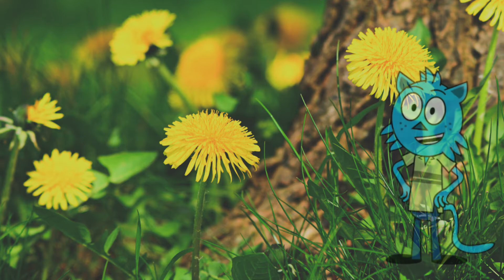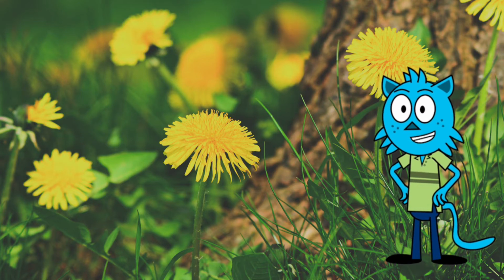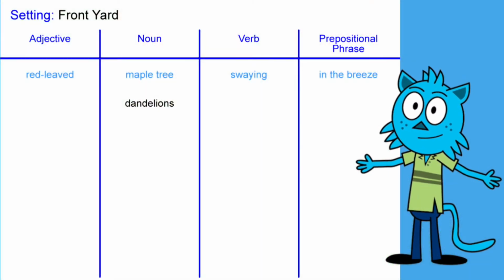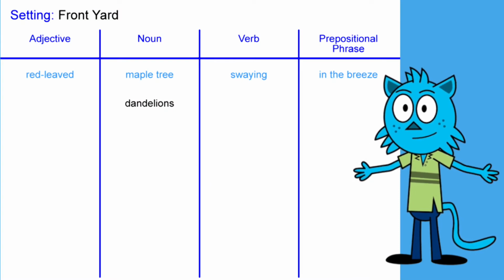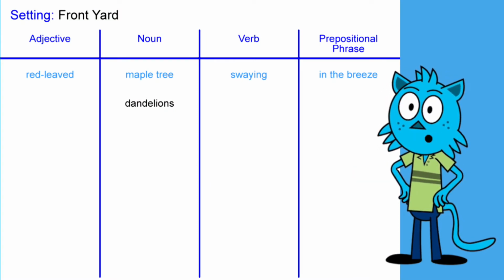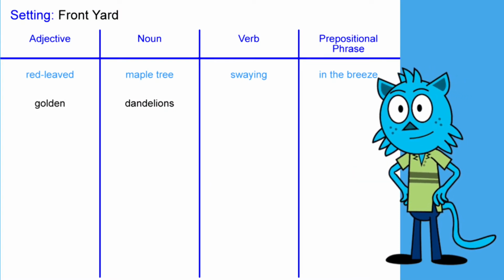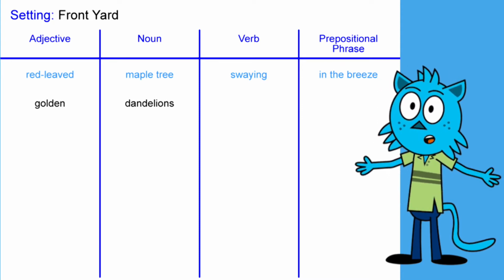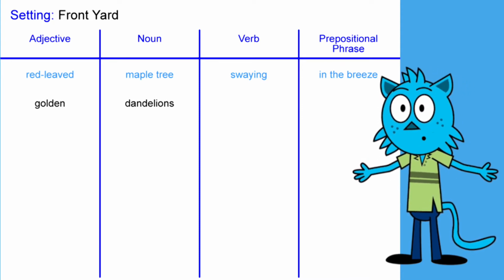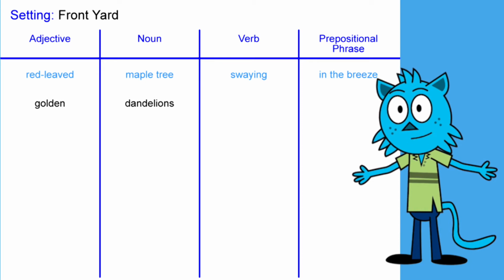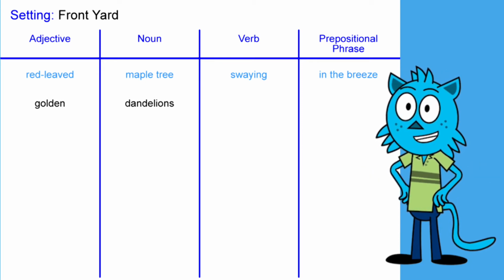Dandelions. Let's think of an adjective. What do you think? Did you think of yellow, golden, fluffy? Next, a verb. What could they do? They don't seem to do much, but stretch your thinking.